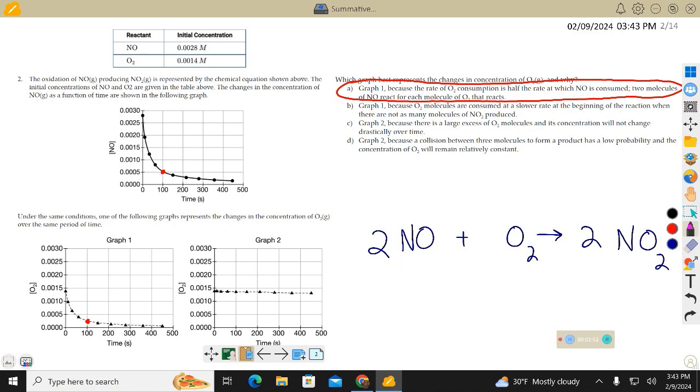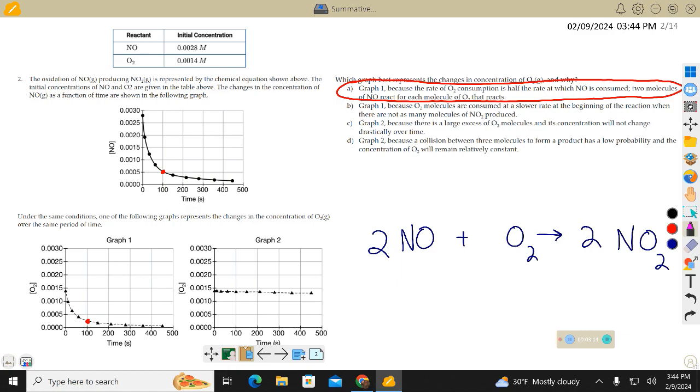When we look at these reaction rates for reactants and products, they should match the ratio in the balanced equation. So I should be consuming the NO at double the rate that I consume the oxygen. So at any point in time, the concentration of the NO should be double that of the O2.